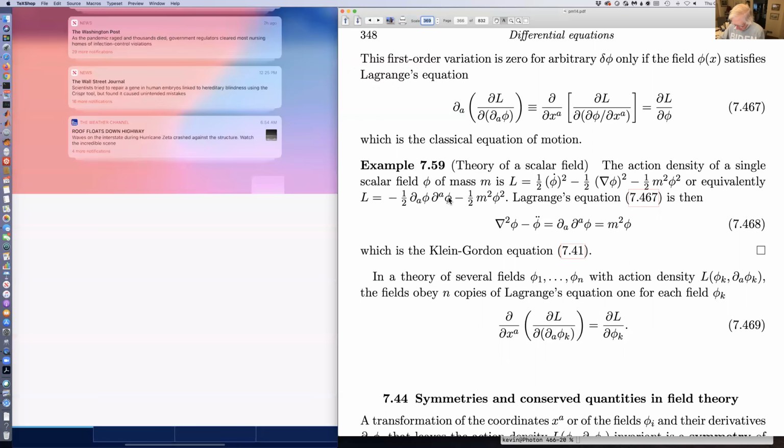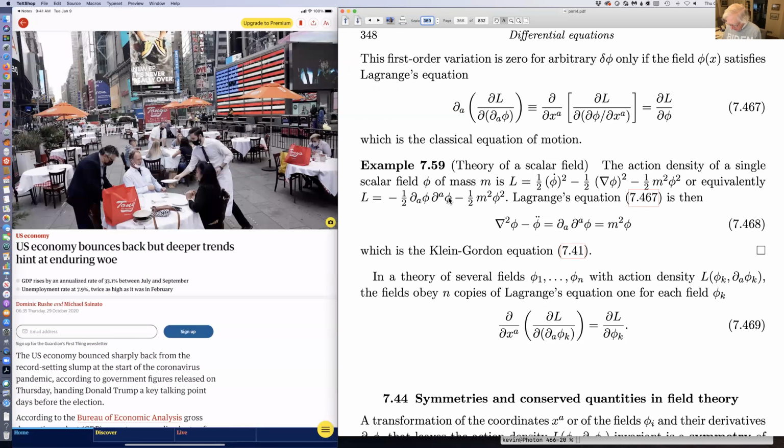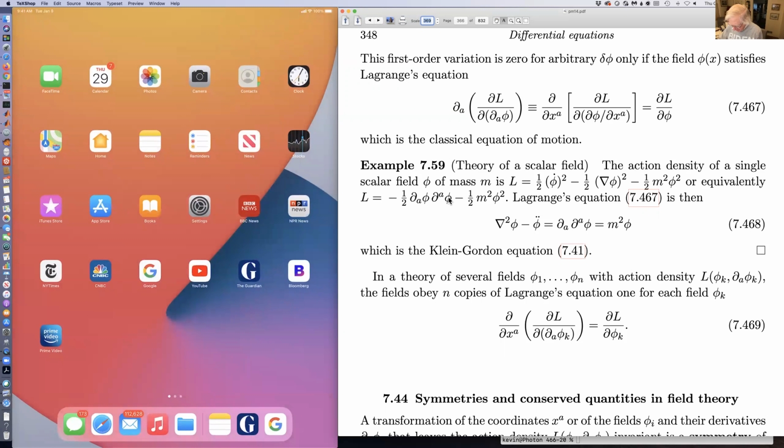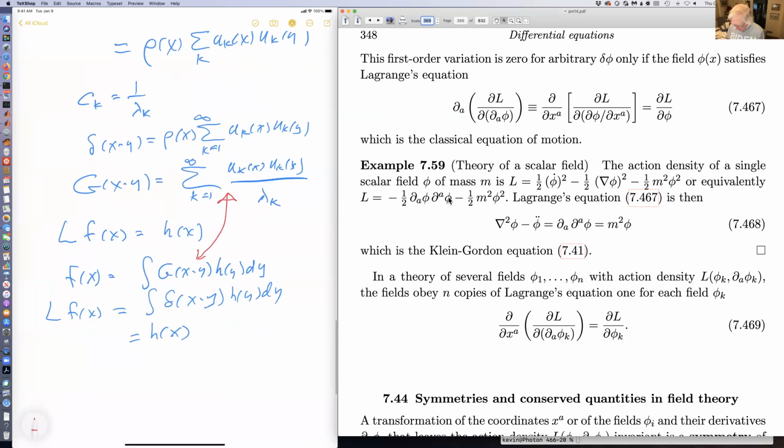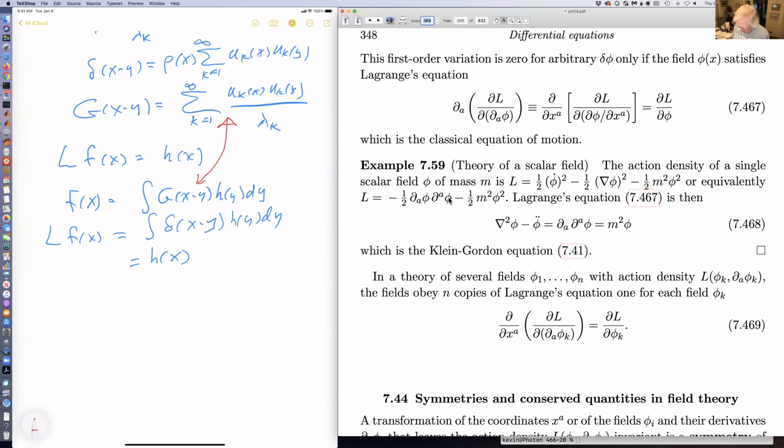Let me just make sure we know what the notation is here. So basically, d lower 0 is partial x0, and that's partial t.